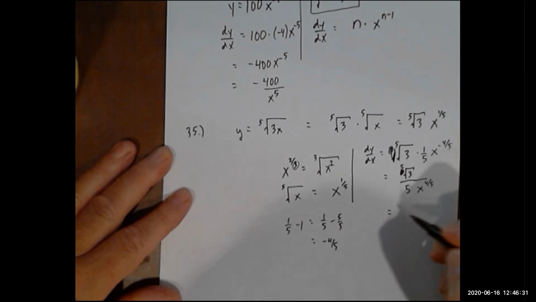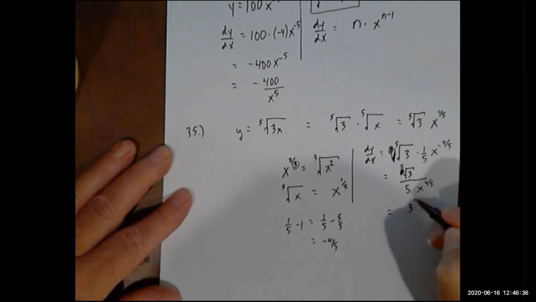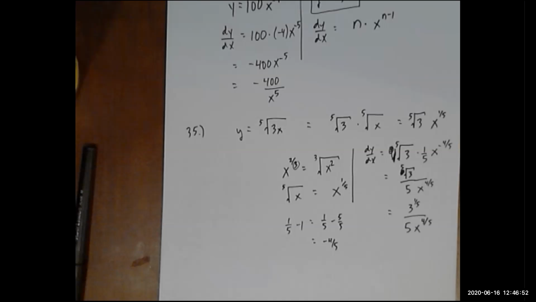Let me take a guess that maybe MyMathLab would like this. I could, of course, change these to radicals. I'm not quite sure what MyMathLab wants. Let me just type it in and see.